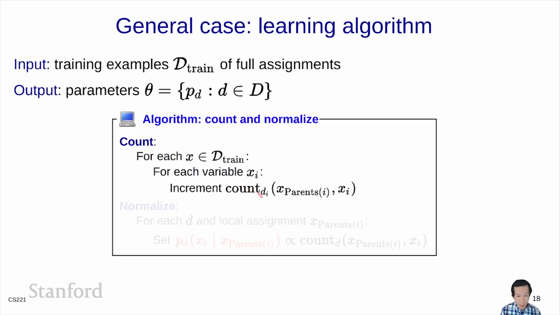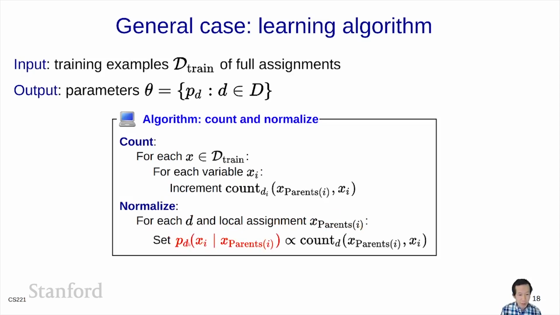I look at which distribution is powering variable i, and I increment that counter for the local configuration, which looks at the assignment to its parents and also the value of xi. Then I normalize for each distribution and local assignment to its parents. I set the probability under that distribution of xi given parents to be proportional to this count. Okay, and that's it.